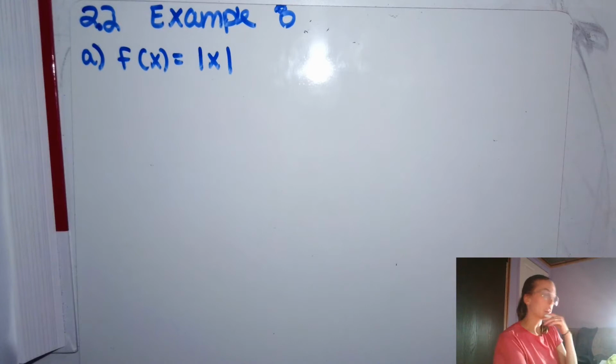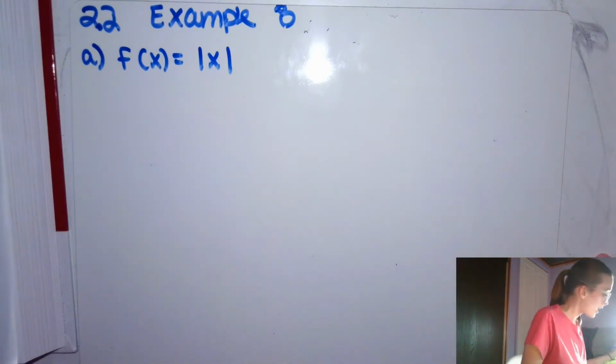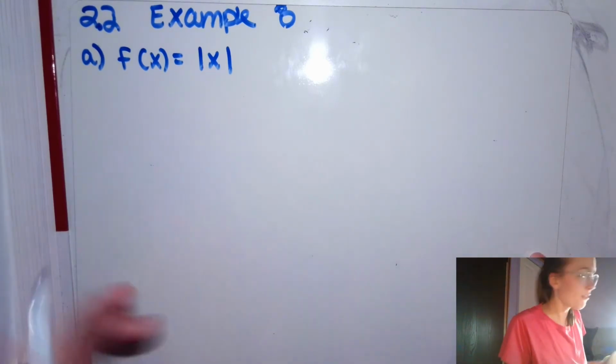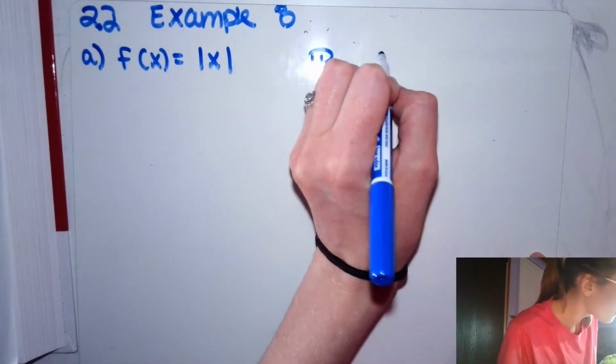You can plug in 0, you'll get a valid result. Try it with several different numbers, but the fact of the matter is you'll get a valid result for any input, for any real number input. So we can just say the domain of f is R, or the set of all real numbers.